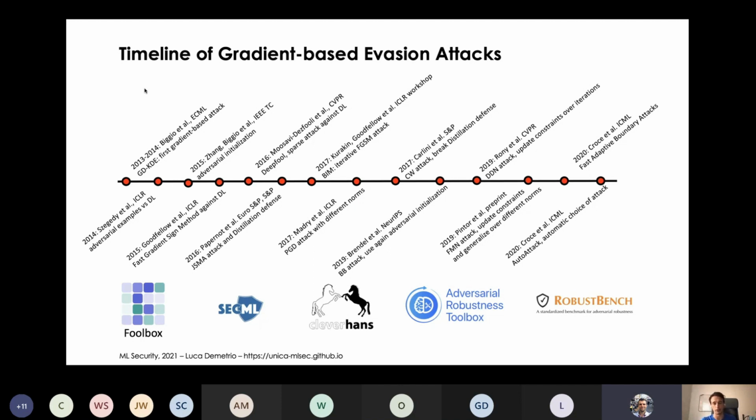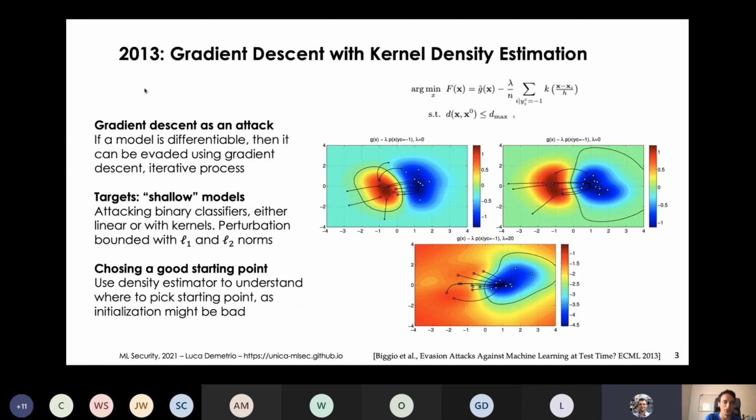And this is just for future reference. And I think you're going to cover some of them in the experiments in the laboratory at the end of the course. So just to start this very, very long timeline, we go back to 2013, where the idea of using gradients was the key point for attacking a classifier.